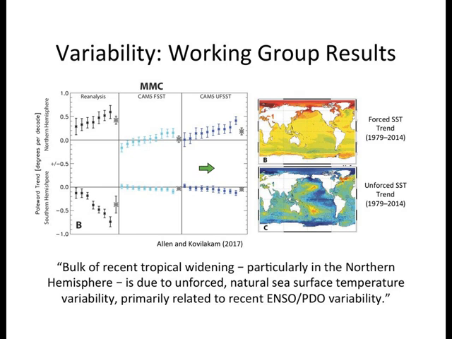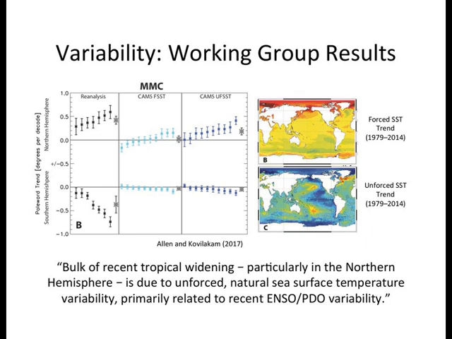Other studies, including Darren Waugh's paper a couple years ago, have argued that ozone depletion is likely responsible for a lot of the southern hemisphere expansion. But in terms of Bob Allen's paper, I think the take-home message is that the bulk of the recent widening is due to natural variability, likely this PDO-type variability.